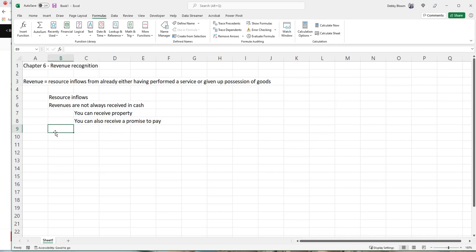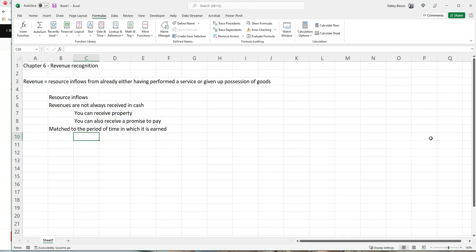Now let's look at the other side, from already having either performed a service or giving up possession of goods. So the other side of a revenue is matched to the period of time in which it is earned. So services are going to be matched to the period of time when the services are performed.